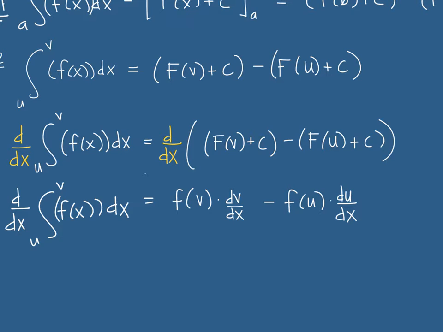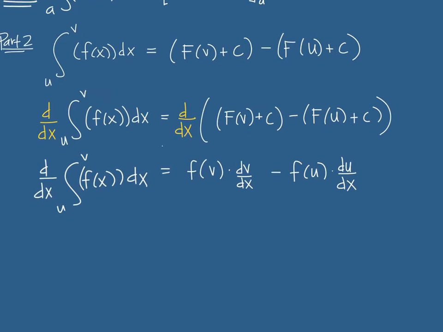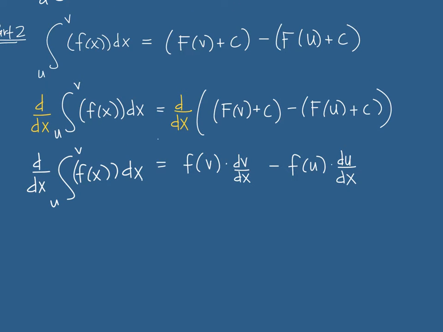The result is f itself with v plugged in times the chain rule on v minus f of u with u plugged in times the chain rule of u. That's how you work with functions that have a variable for their bounds. Okay, this is part 2 of the fundamental theorem of calculus. That's the summary, this part of it.